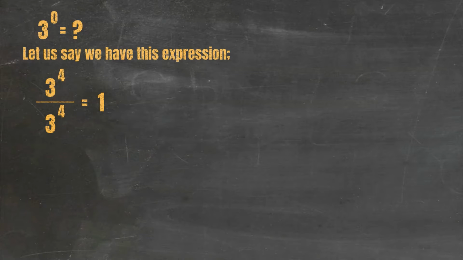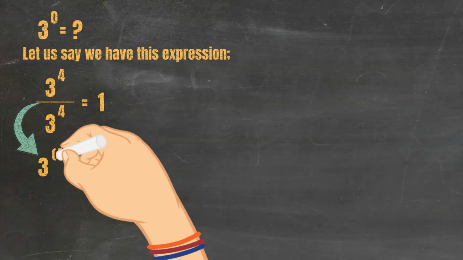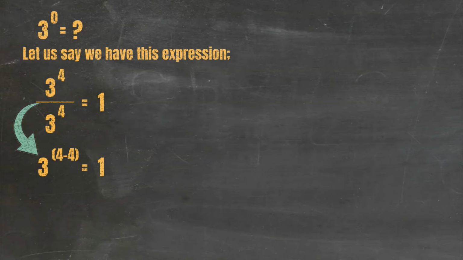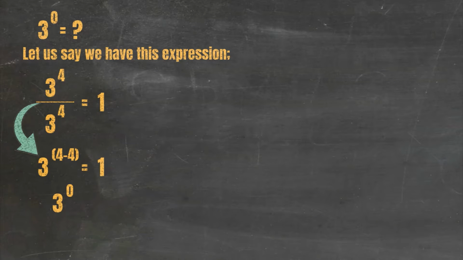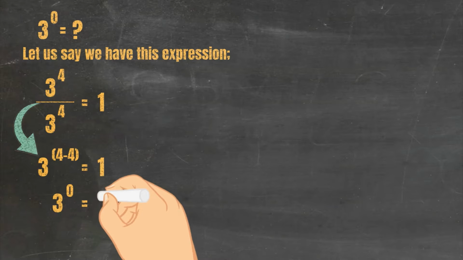Using the laws of exponents about dividing exponential expressions, we know that 3 to the fourth power divided by 3 to the fourth power is also equal to 3 to the power of 4 minus 4. 4 minus 4 equals 0. The new exponential expression then becomes 3 to the power of 0. Therefore, 3 to the power of 0 is equal to 1.